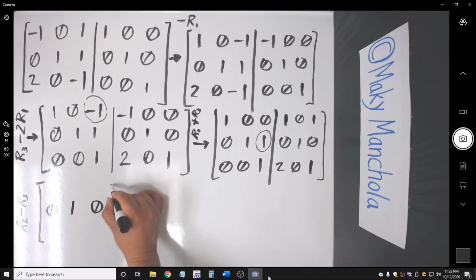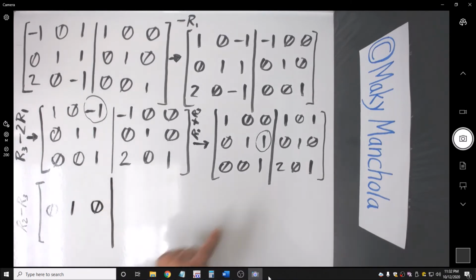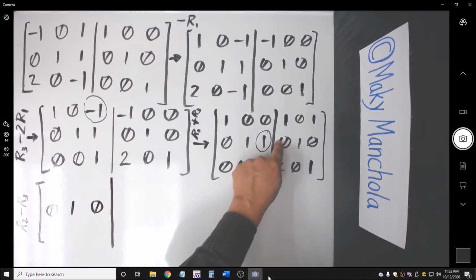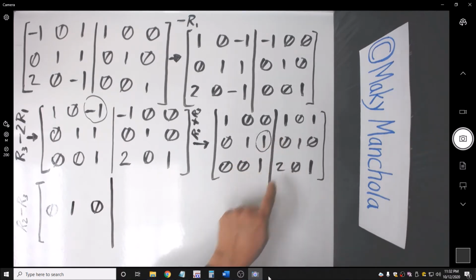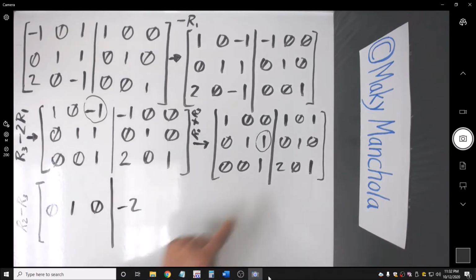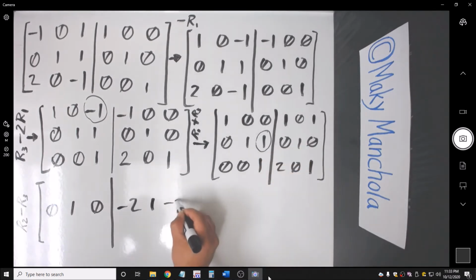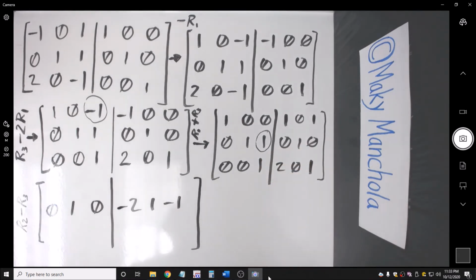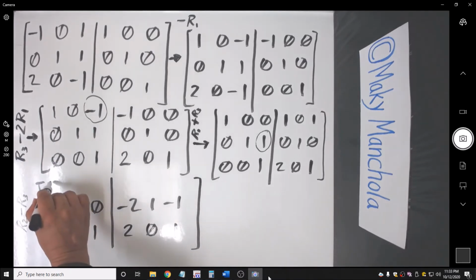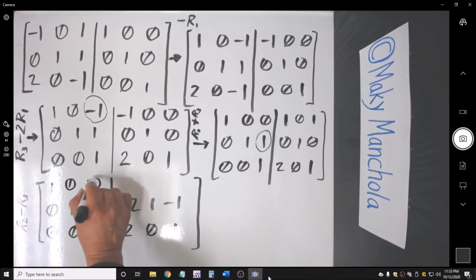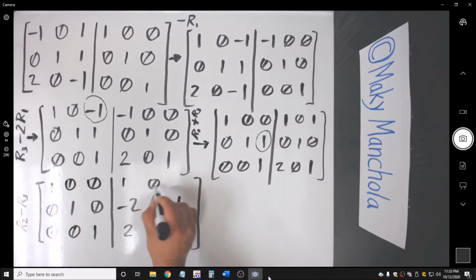Mission accomplished. That's what we wanted. 0 minus 2 is negative 2. 1 minus 0 is 1. 0 minus 1 is negative 1. Everything else remains unchanged. So that's 0, 0, 1, 2, 0, 1, 1, 0, 0, 1, 0, 1.